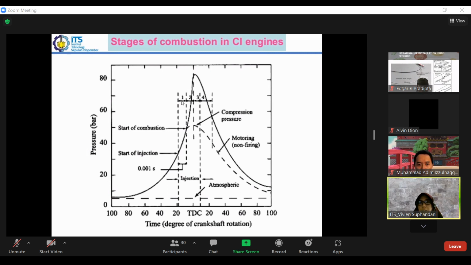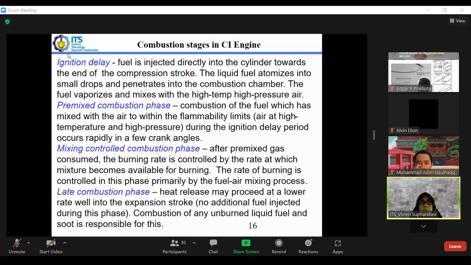The first stage is the ignition delay. This is very similar to the gasoline engine, in which fuel is injected directly in the cylinder very close to top dead center. What happens during the delay is that the liquid fuel atomizes, because what we have here is still in the form of liquid.